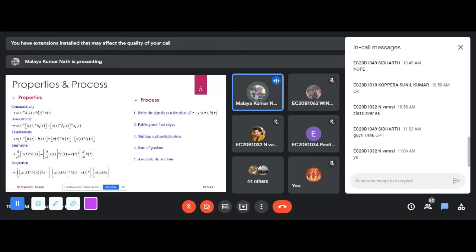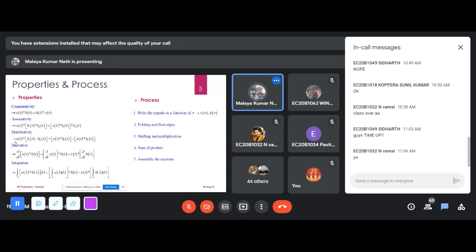Next is the derivative property. What is the derivative property? d/dt of x(t) convolution with h(t) is equal to the derivative of x(t) convolution with h(t), or we can write x(t) convolution with the derivative of h(t), right?